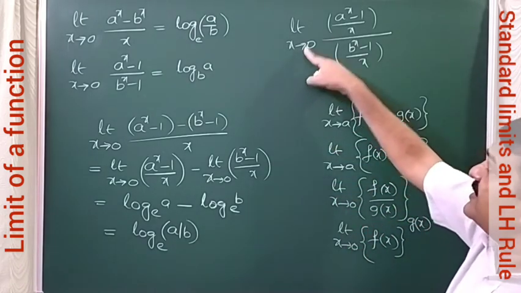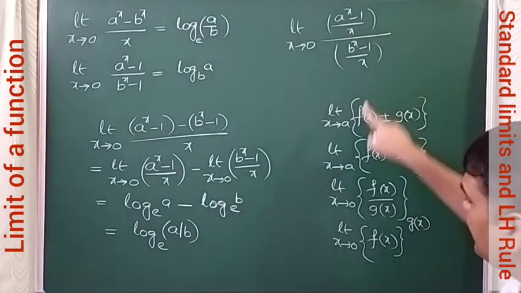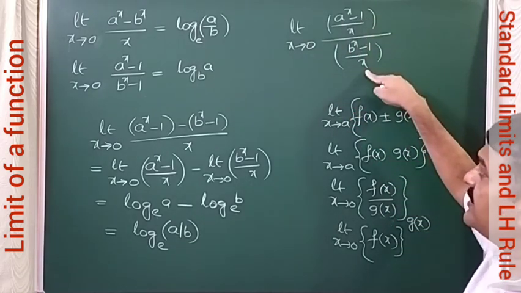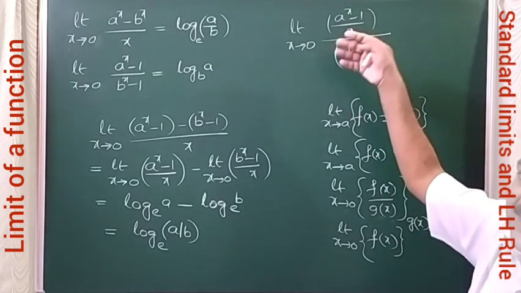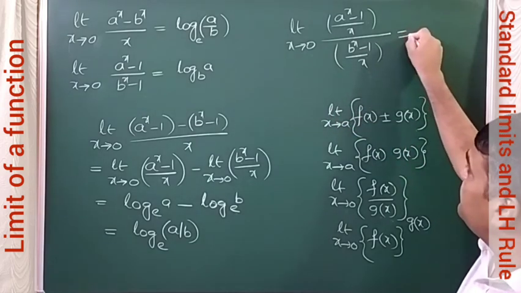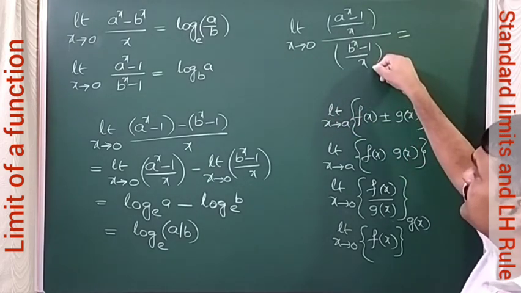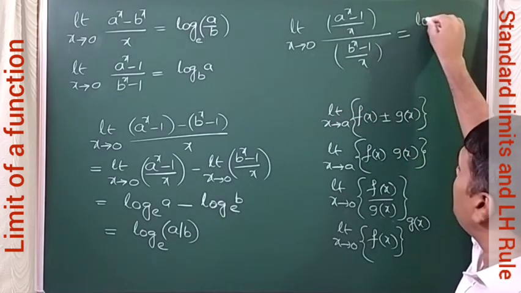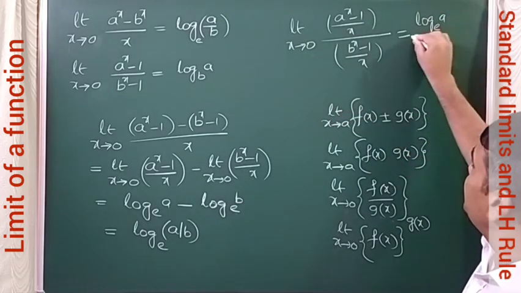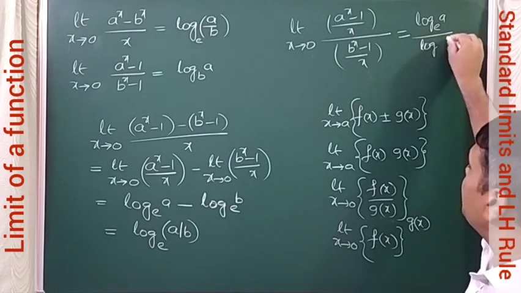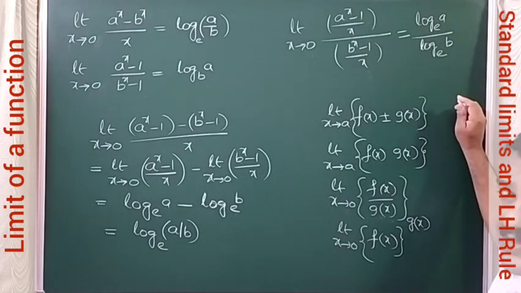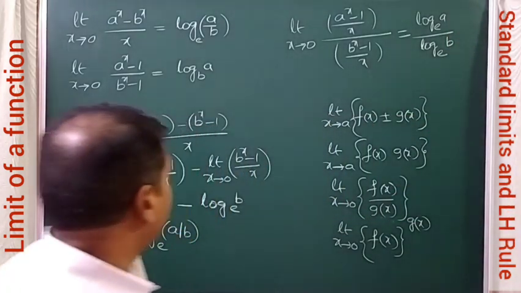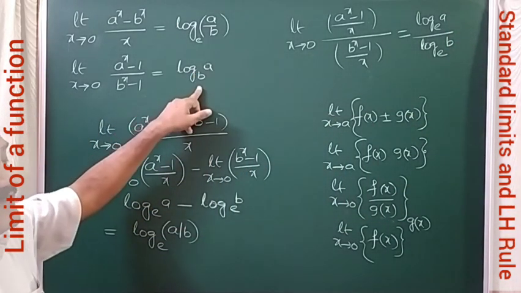Now I can separate the limit for numerator and denominator as I showed here. We can separate limit for numerator and denominator when you are getting finite limits. Both are standard limits. So for numerator you will get log A to the base e, for denominator you get log B to the base e. Now log A by log B can be written as log A to the base B, we know that result.